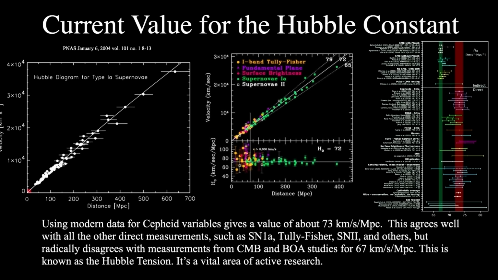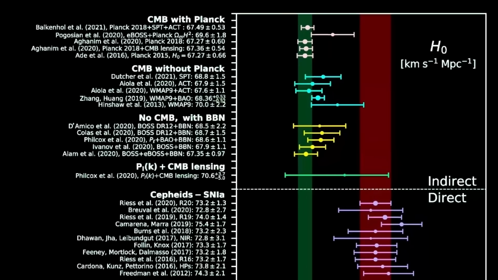And this conflict is valid to within 4 sigma. So this is a real thing. People have to figure it out, and it's an area of active research. Many of the areas of active research are based off the Planck data from the European Space Agency's Planck mission, which had some of its final results in roughly 2018.